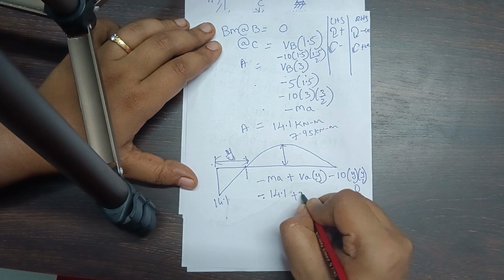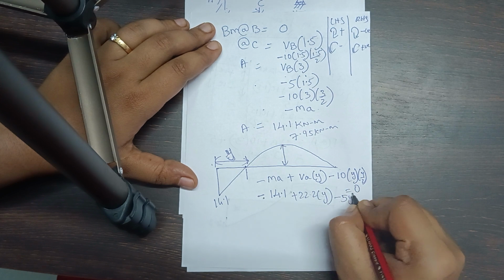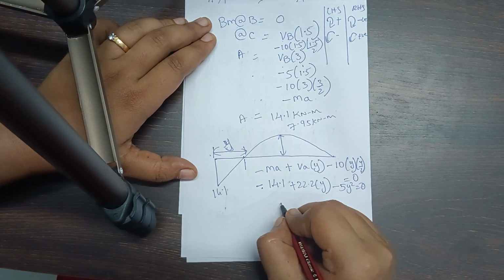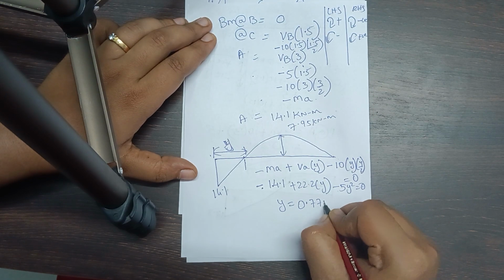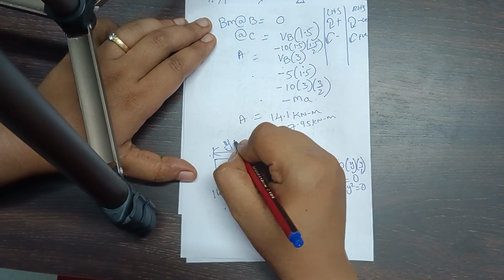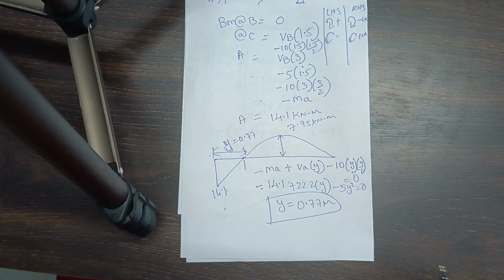If I substitute this value, minus 5y square equals 0. Upon simplification, y I get as 0.77 meters. So this is how we can represent the point of contraflexure. The point of contraflexure is a point where the bending moment changes its sign.